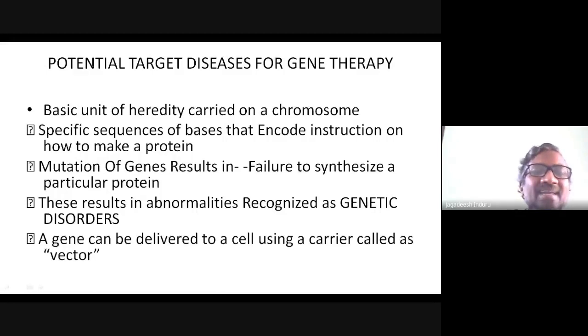Because we are handling a basic unit of heredity, we don't want the entire genome or chromosome to be changed, but only specific sequences of the bases. You know that there is so much research being made where the entire genome is altered to have, for example, an ear attached onto the top of a rat. If you see these studies, they appear peculiar in nature. Why do you want to insert a human ear into the rat's skin surface?